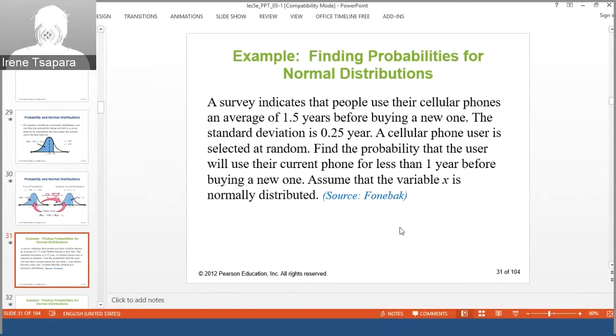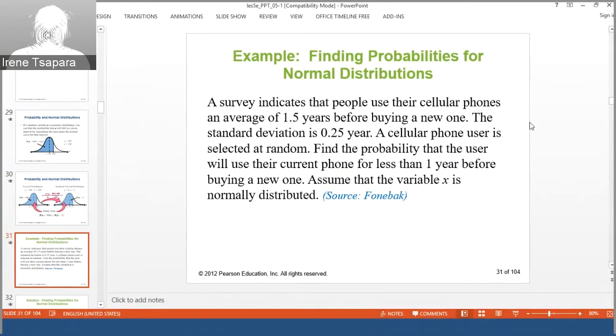If the standard deviation is 0.25 years, and I have my phone for almost 3 years now, then this means that I am, if you look at your numbers, 1, 2, 3, 4, 5, 6, 7, 8 standard deviations away from the mean. Okay, the cellular companies cannot depend on me to make money.